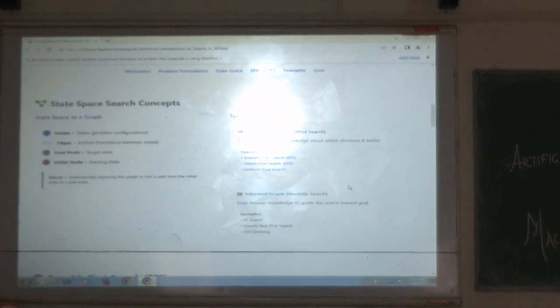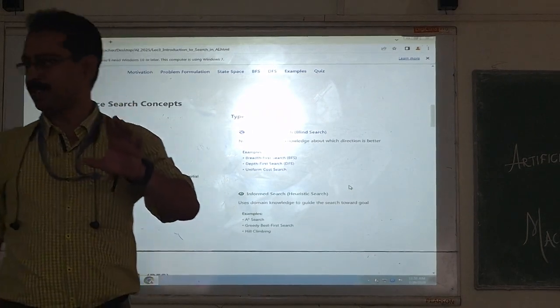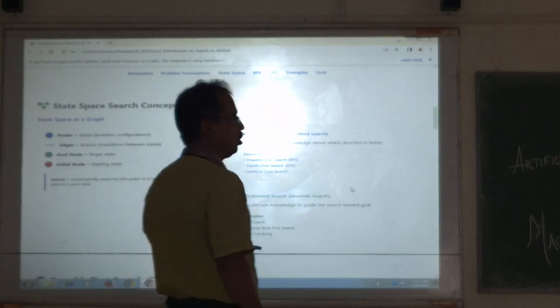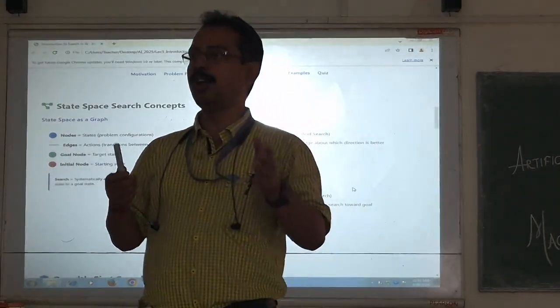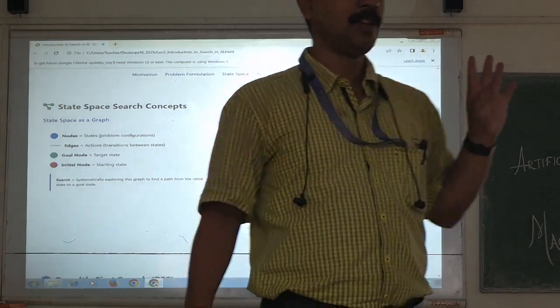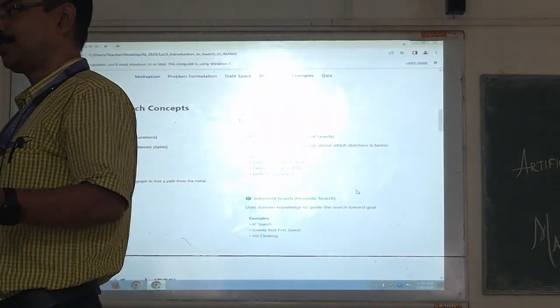Then a goal node will be there, that is also a subset of all possible states. And the initial node, that is the starting node, which is also a subset of all possible states. Clear? So there are these four components. With the help of these four components, we will develop a search tree or a graph.